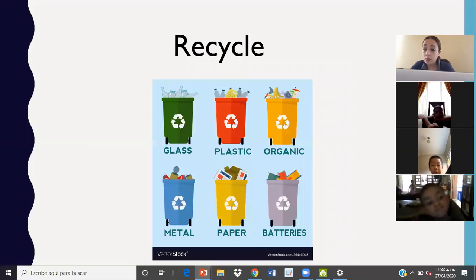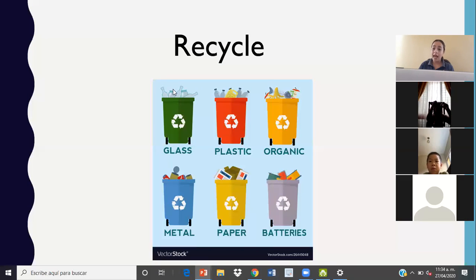Now, the other way that we can help take care of the planet is when we recycle. What does recycle mean? Recycle means to separate all of our trash. How can we separate all of the trash? We can use one bag only for glass, things made of glass.